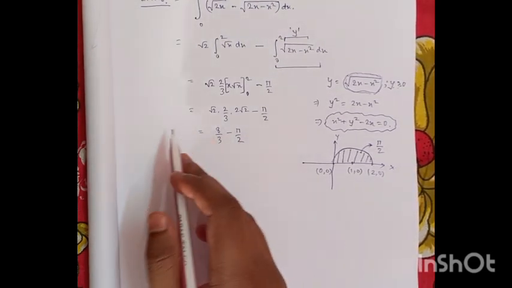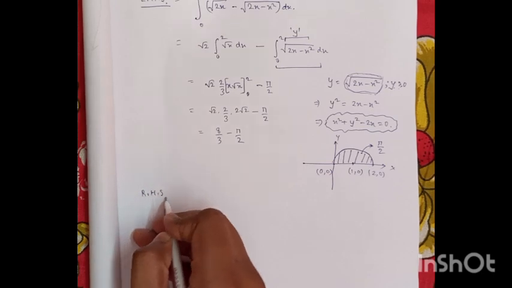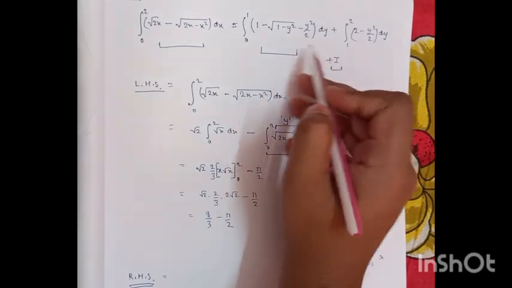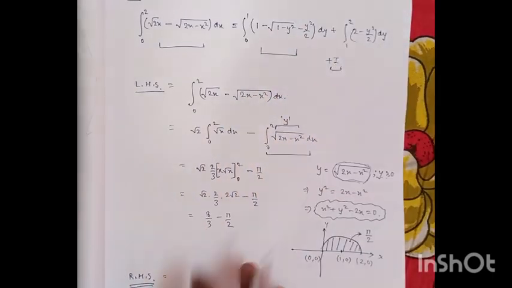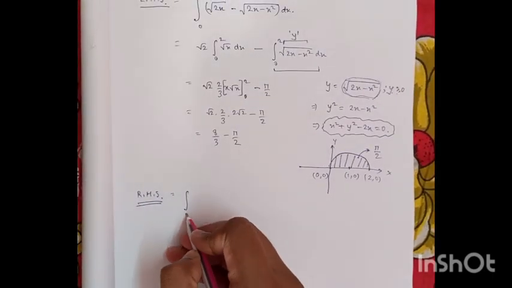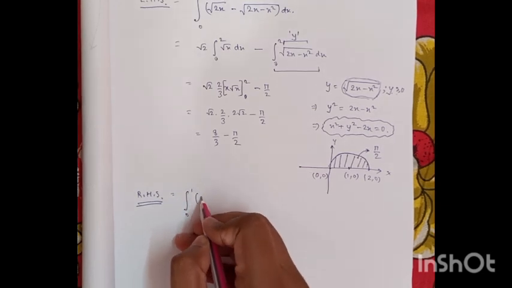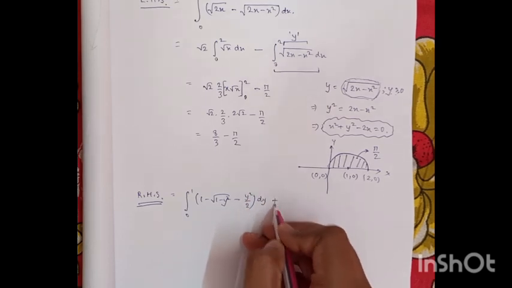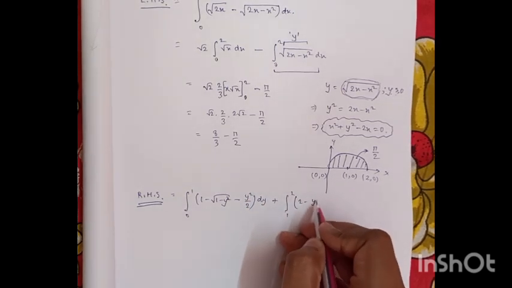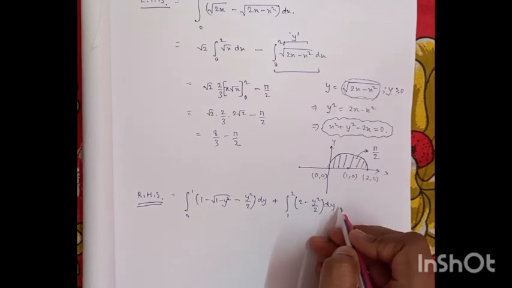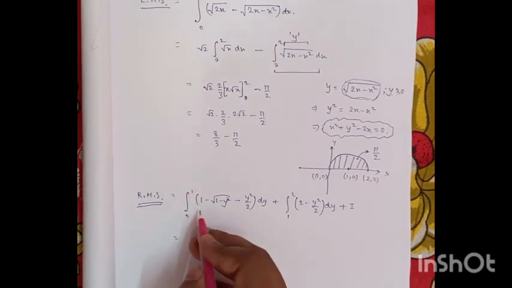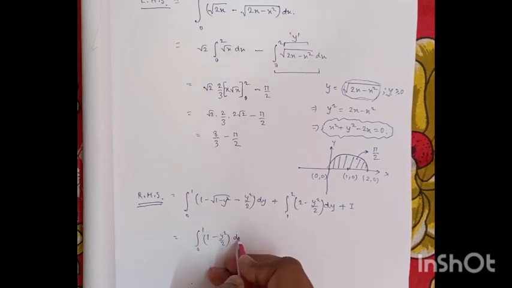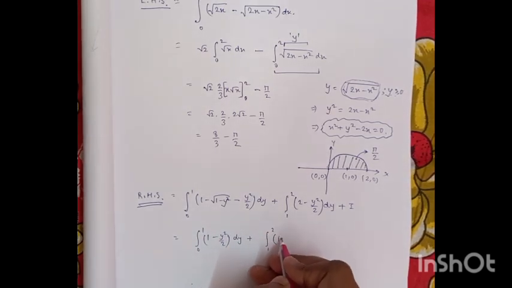So the LHS is simplified. Then we have to focus on the right hand side. The right hand side is basically the sum of these two integrations plus I. So the sum of those two integrations will be, let me write the integrals first. So now these integrations can be evaluated.